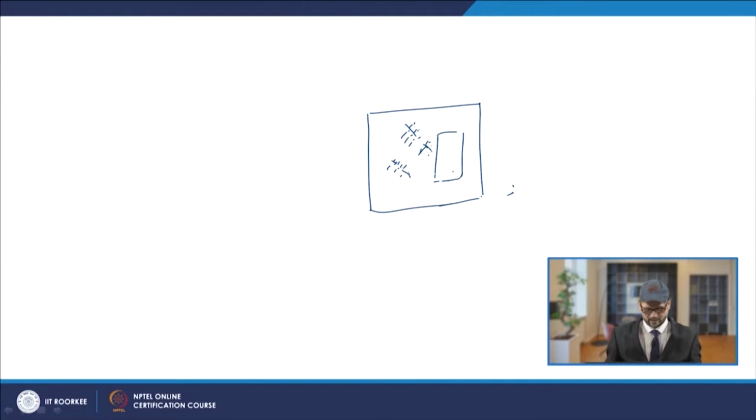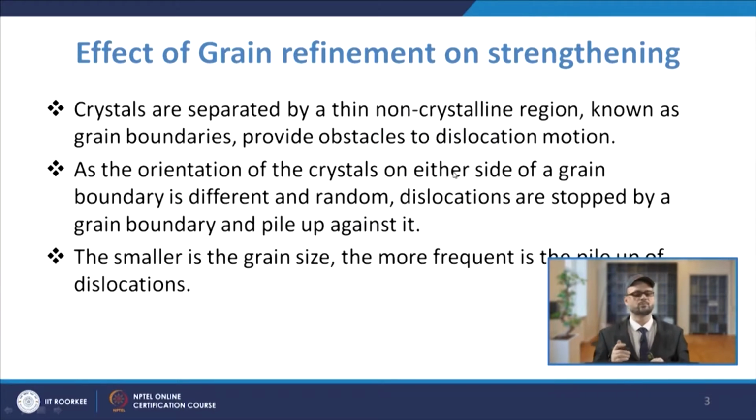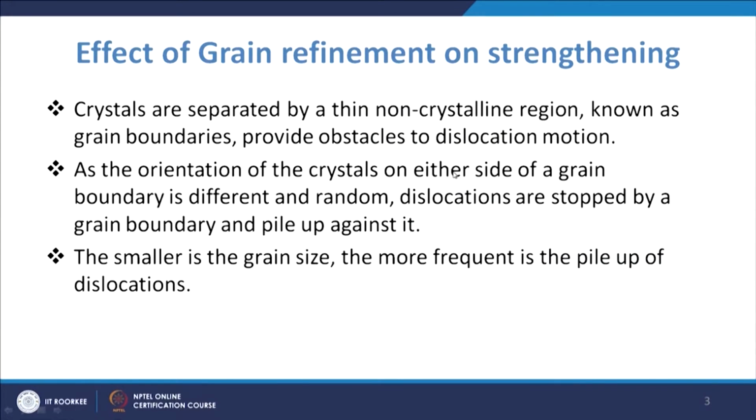In a copper crystal it has been shown how the dislocations pile up against these boundaries. When you have the pile-up of these stationary dislocations, there is a stress concentration at the leading dislocation. Crystals are separated by a thin non-crystalline region, that is your grain boundaries, and they provide obstacles to the dislocation motion.